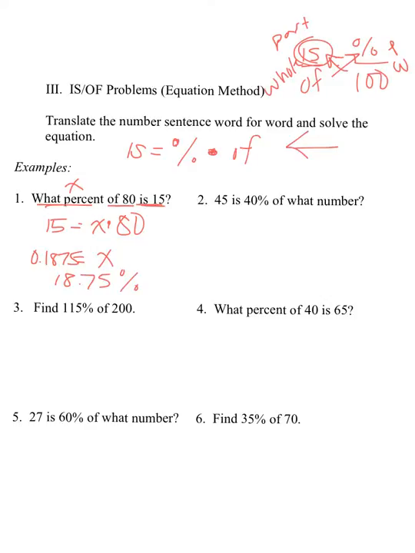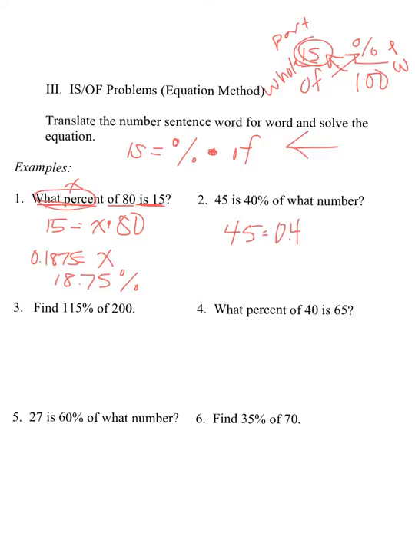So anytime you're looking to find the percentage, you're going to get it in its decimal form, so you need to convert it. If you have, like in number 2, you say 45 is 40% of what number? Okay, so 45 is the part. Part is what percent, so 40%, so 0.4.